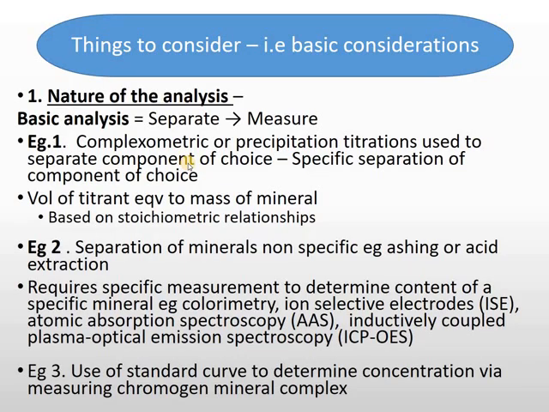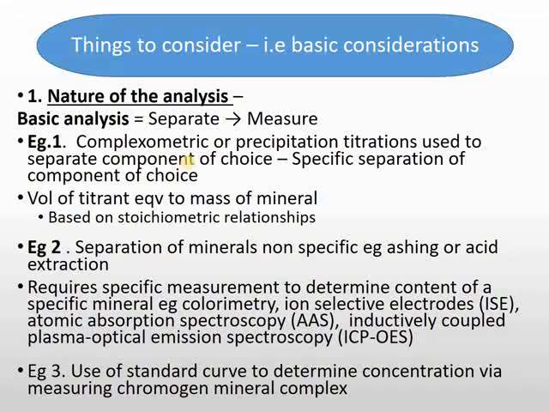Okay, so we've spoken about the importance of minerals and obviously the methods, but now we have to talk about the things to consider, the nature of the analysis. So when we are analyzing, how do we actually go about it? What will be the first things that you do? The basic analysis is, we are looking for minerals that are found in food, but you cannot pinpoint where the mineral is in the food.